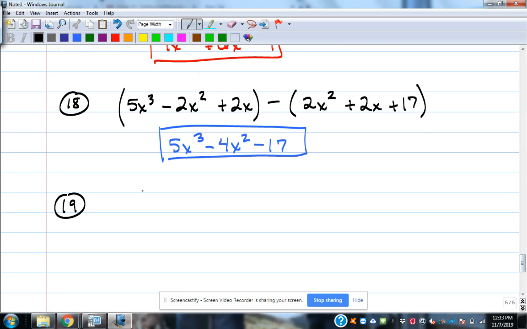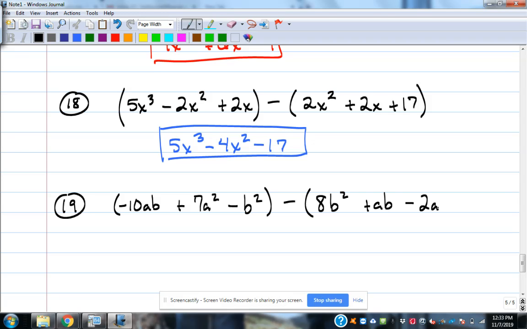Let's do one that's got more than one variable. So negative 10ab plus 7a squared minus b squared minus 8b squared plus ab minus 2a squared.